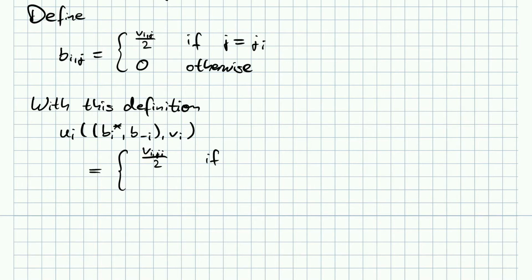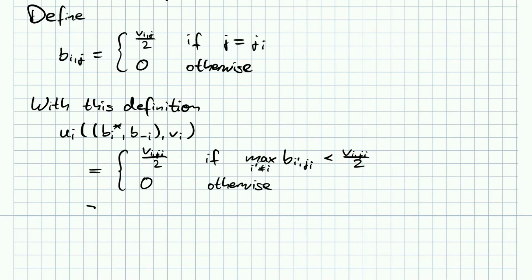This will be if the maximum other bid is smaller than what I'm bidding, or my utility will be 0 if I'm not getting the item.